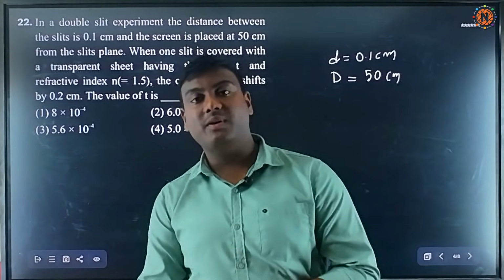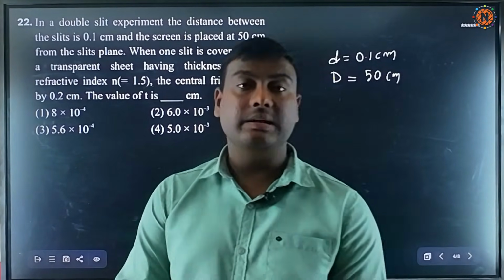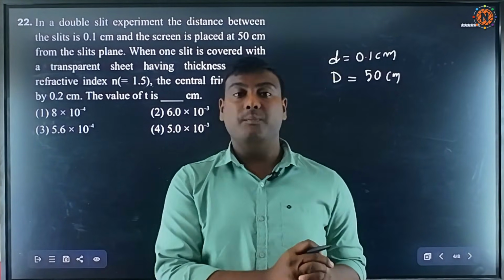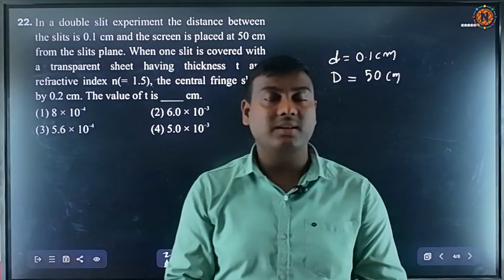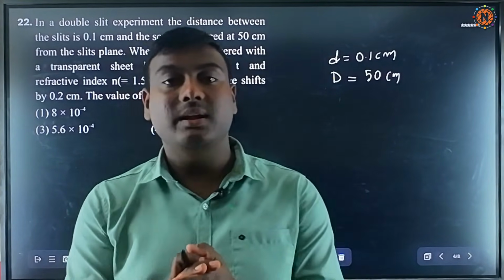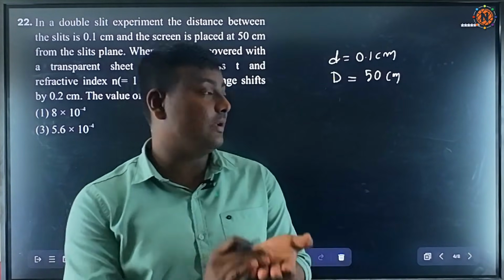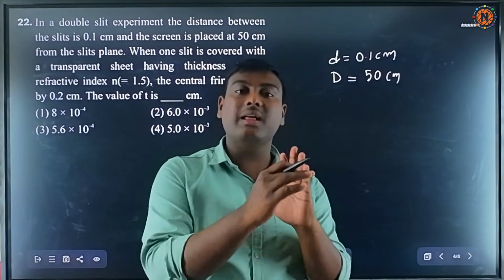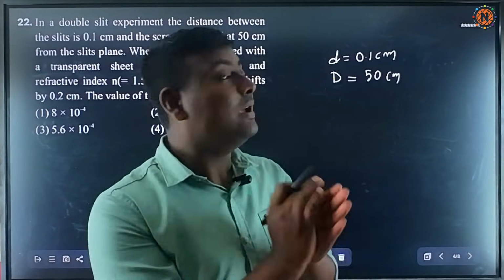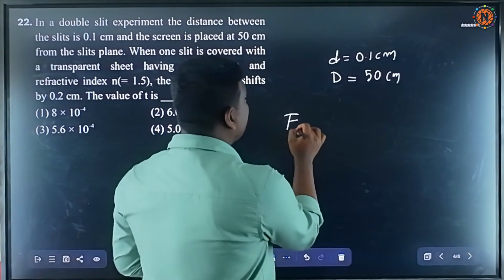In a double slit experiment, the central maxima is formed at the center of the screen, yes or no? But if one slit is covered by some transparent medium, then what happens? The central maxima or other maxima, that means the total fringe pattern, will be shifted.